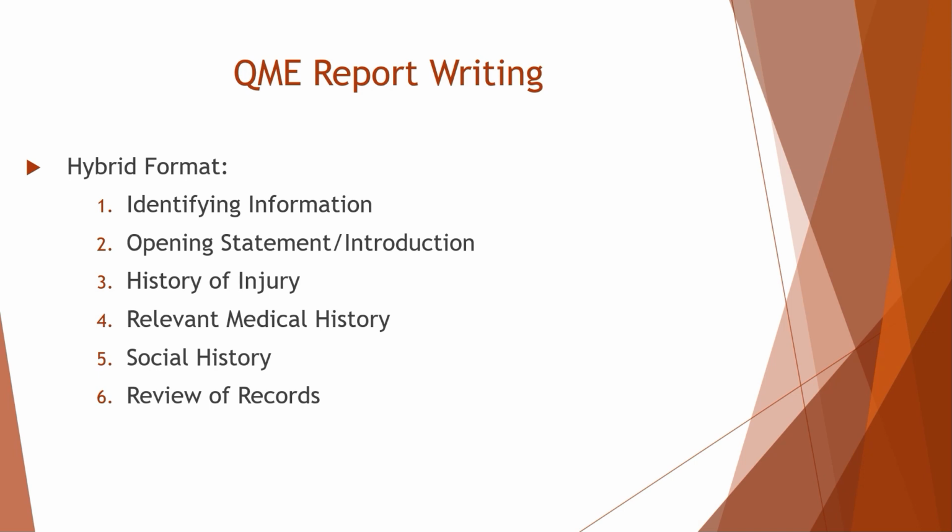We'll go over extensively number 6, the review of records, and then also we'll talk about activities of daily living and symptom questionnaires. These are all elements that we're going to include in our current report writing template to cover all dates of injury, both before and after 1105.